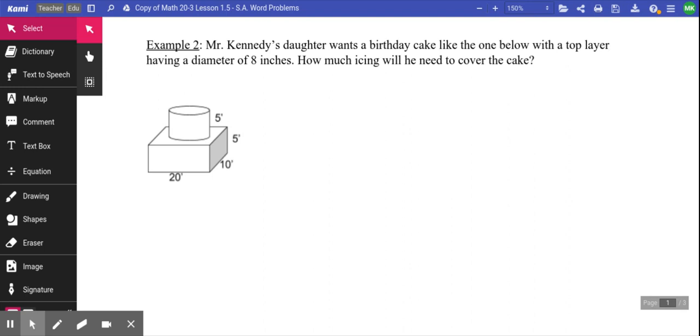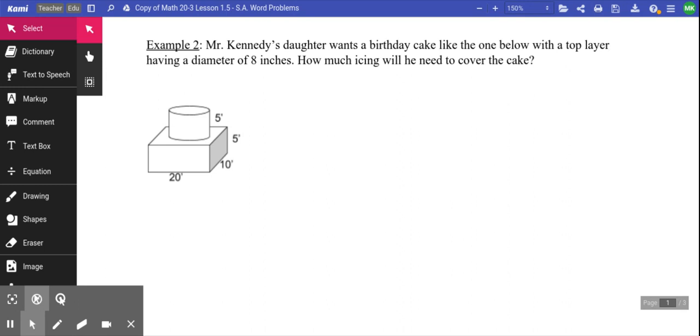Okay. With a cake, if you think about icing a cake, you have to think about what surfaces you'd actually put icing on. You don't need to do the bottom, and you don't need to do the bottom of that circle.